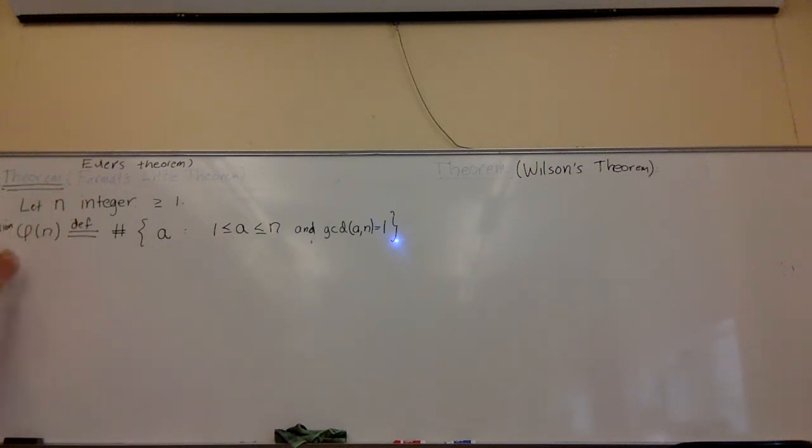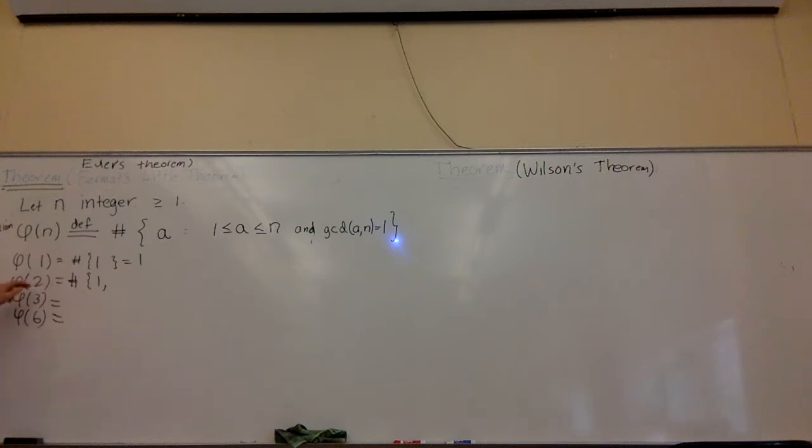Okay, so let's just quickly play with it a bit. Phi of 1, phi of 2, phi of 3, phi of 6. What are these? Phi of 1 is just the cardinality of the set which has one thing in it, namely 1, so 1. Phi of 2: 1's in there, because the GCD of 1 and 2 is 1.